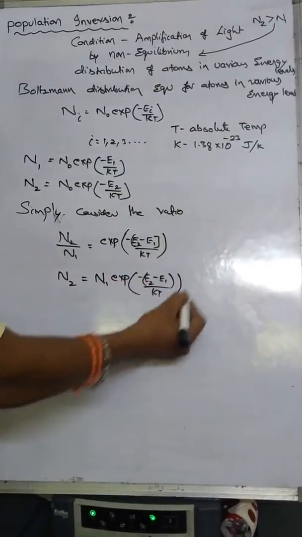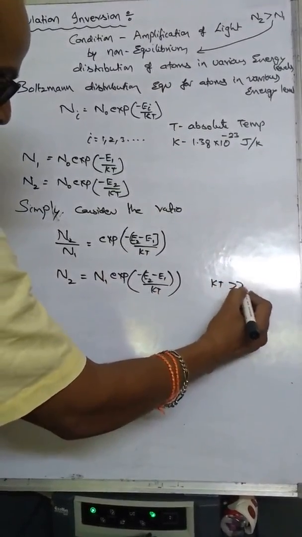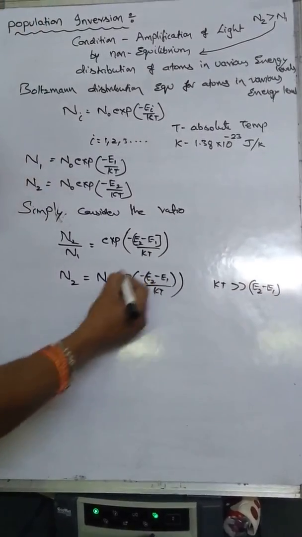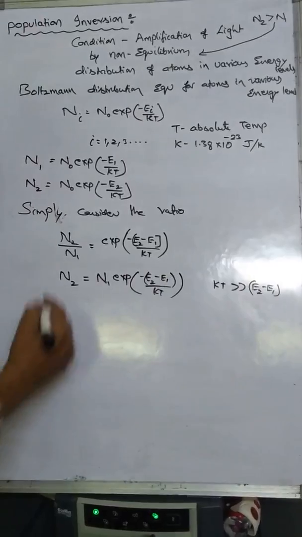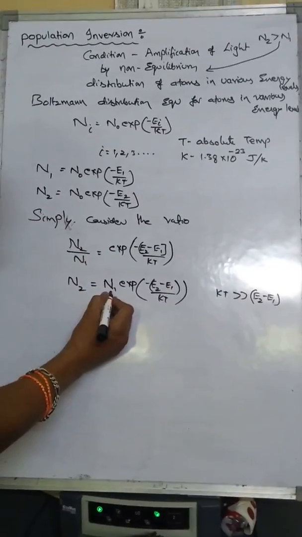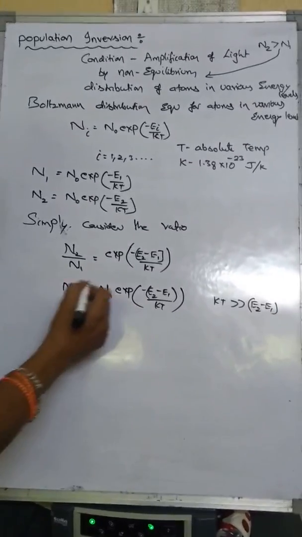Therefore, this exponent term reaches 1 when kT is greater than e2 minus e1. And in that situation, n2 may be equal to n1, but it cannot overcome n1.